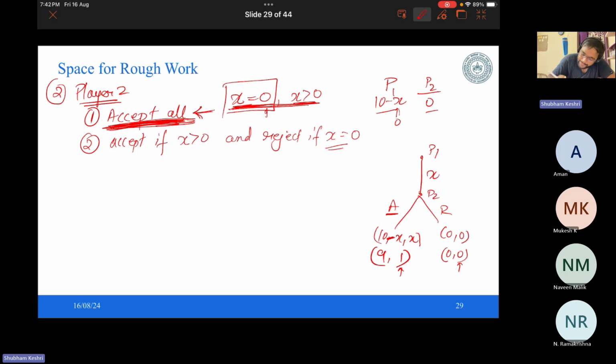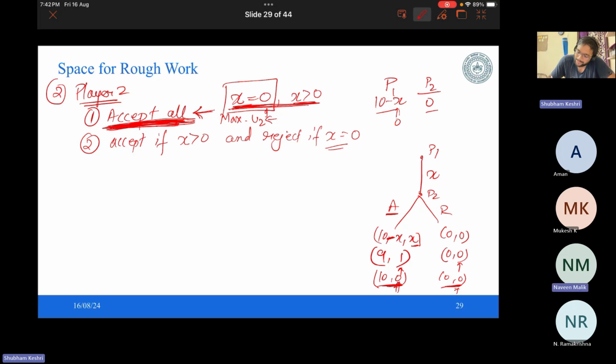But when he is giving 0, it can either be 10 comma 0 or 0 comma 0. So in that case, any strategy of player 2 will have the utility of player 2 maximized. Whatever player 1 gives, 0 or greater than 0, the utility of player 2 is maximized.